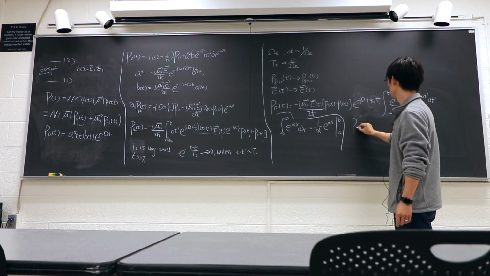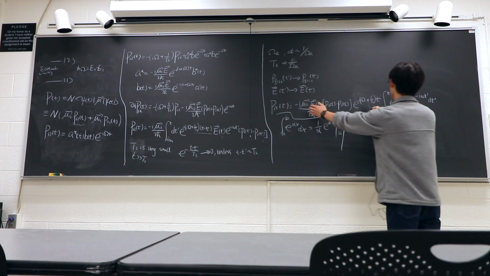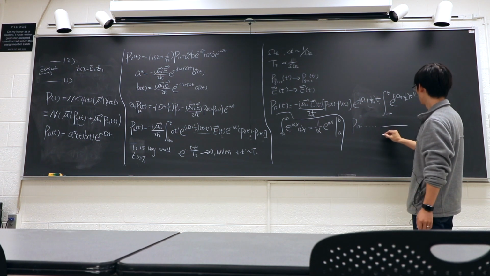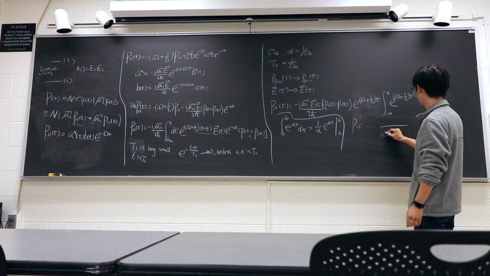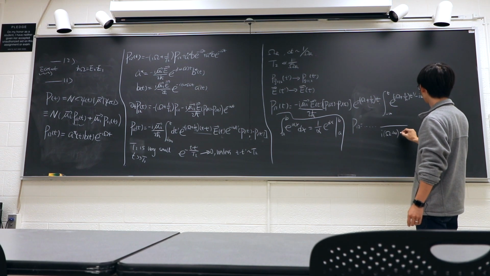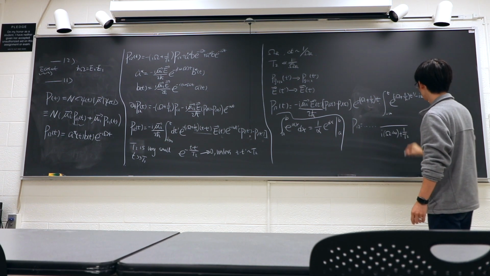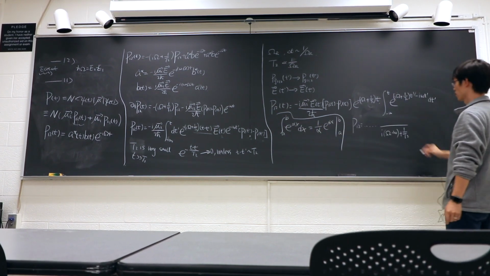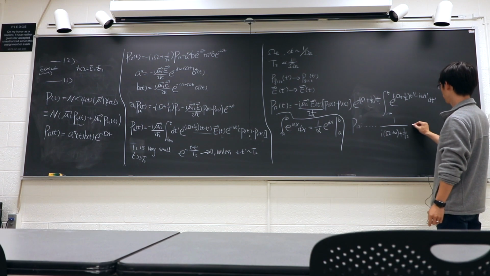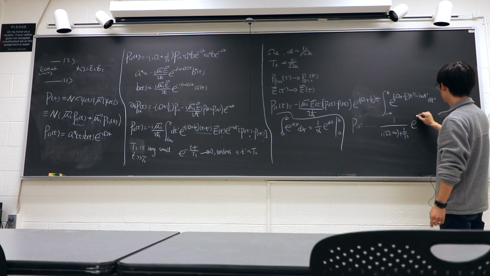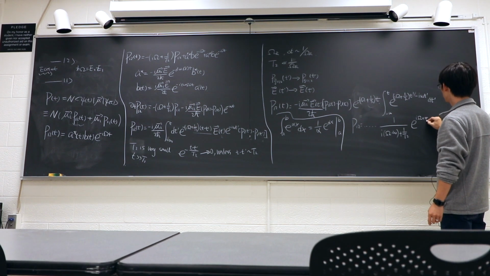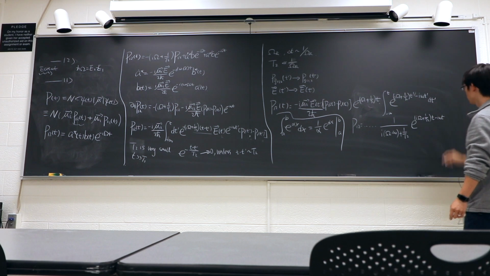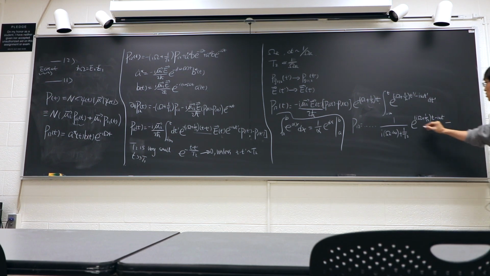So P12 equals all these things in the front, and then I omega minus omega plus T2. Okay, this is your alpha. And then you have E I omega plus T2 t minus I omega t, okay, minus.